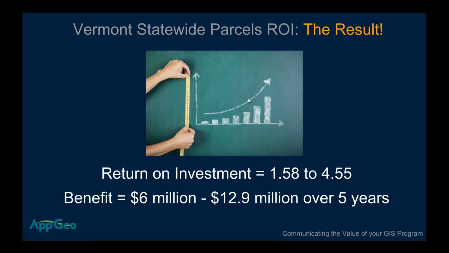Translated into dollars, that ends up being between $6 and almost $13 million of benefit over 5 years. So VCGI, the state GIS agency, took this to decision makers, and the decision was made unanimously that they were going to invest in this program, and the state is in year 2 of implementing it right now.